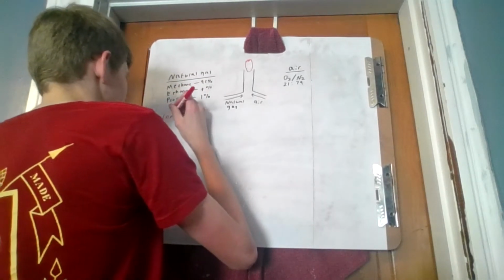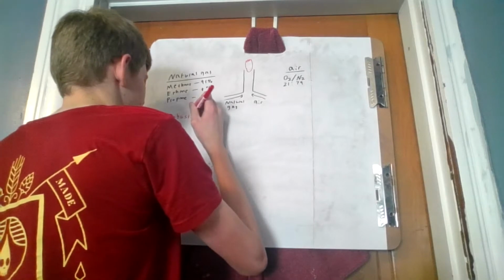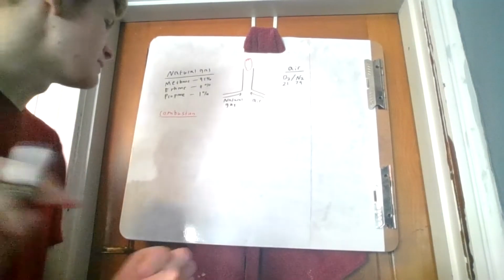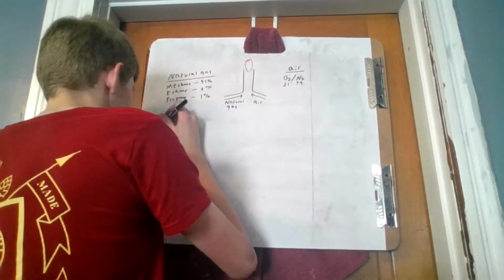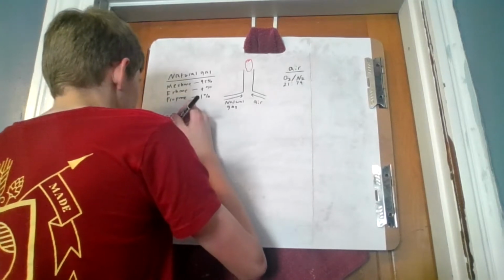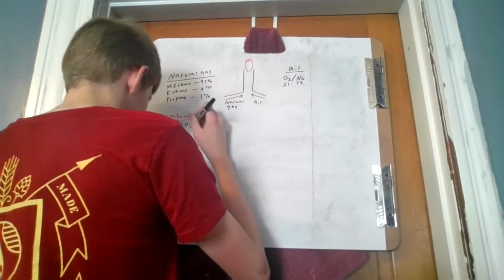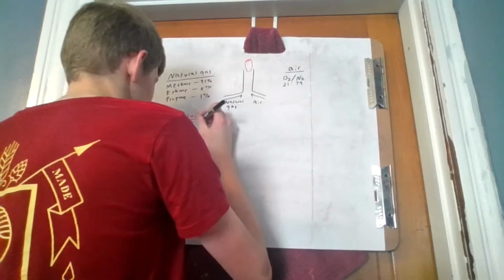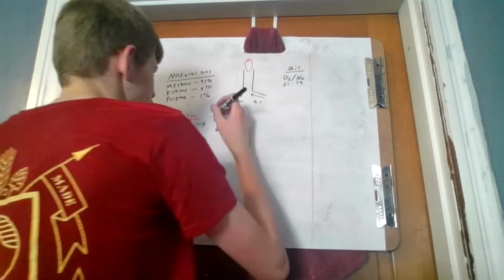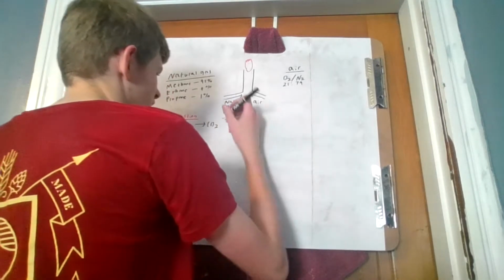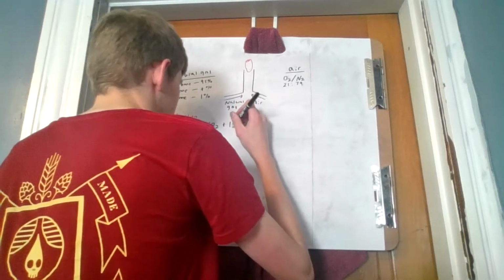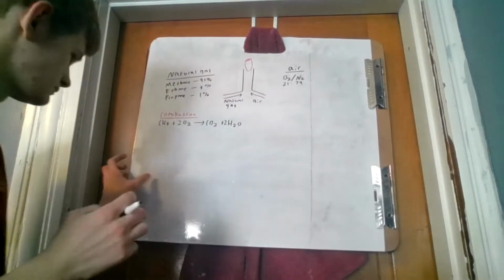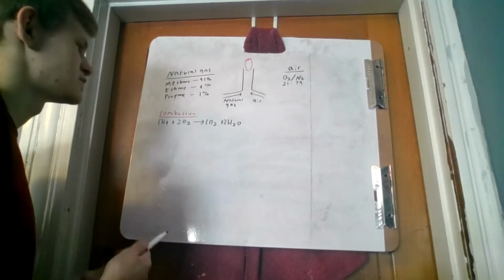A normal combustion reaction is going to be represented with this chemical equation: our methane molecule, CH4, reacting with two molecules of oxygen, O2, and then it's going to react into CO2, carbon dioxide, plus two molecules of water, H2O. This is our normal combustion reaction.